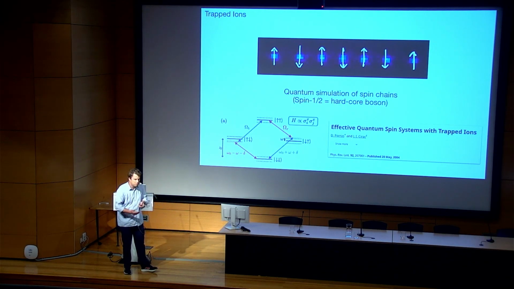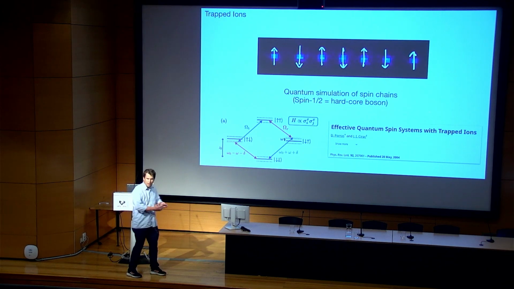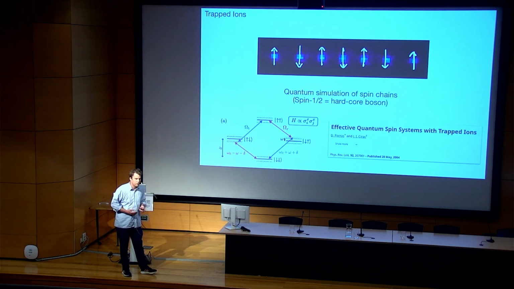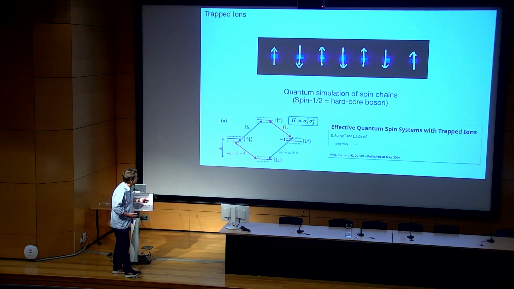Now we would like to have them move around, so we produce some hopping of them. And hopping then means actually some spin flip interaction, and spin flip interactions can be engineered. This is one way how to do it. You add Raman couplings to the ion chain, Raman couplings which flip a spin and create a phonon.